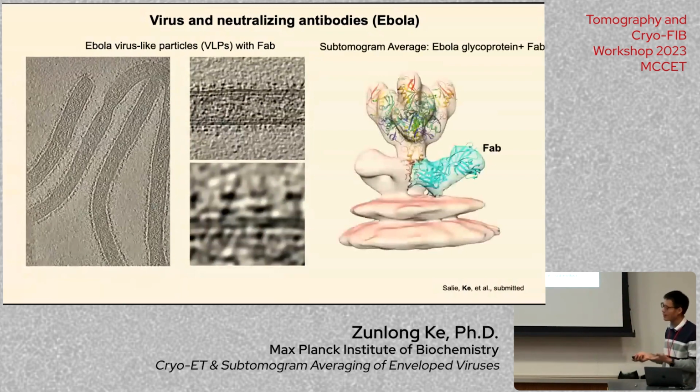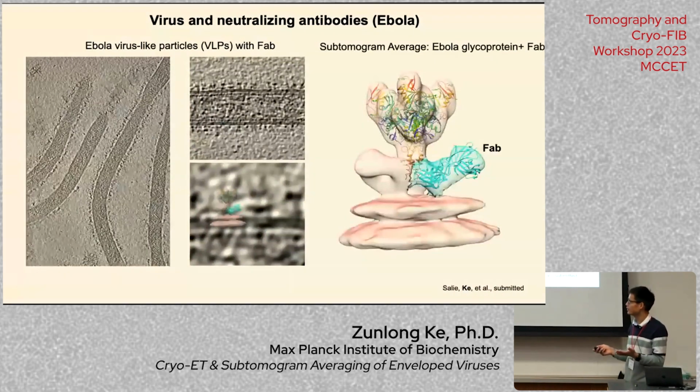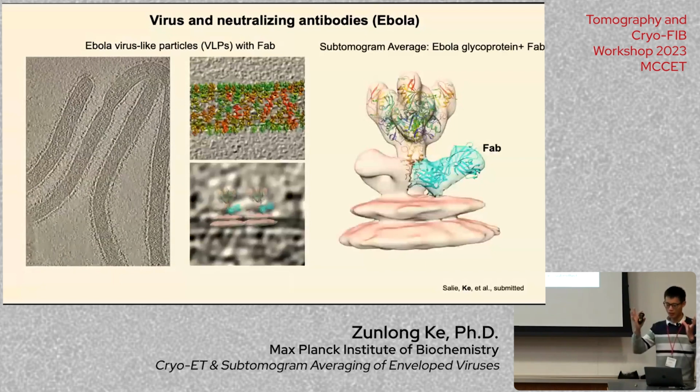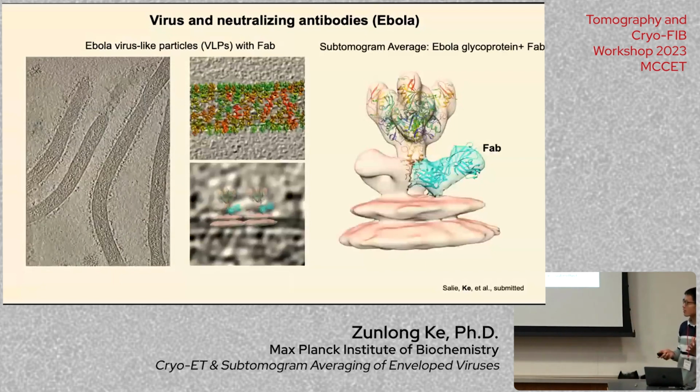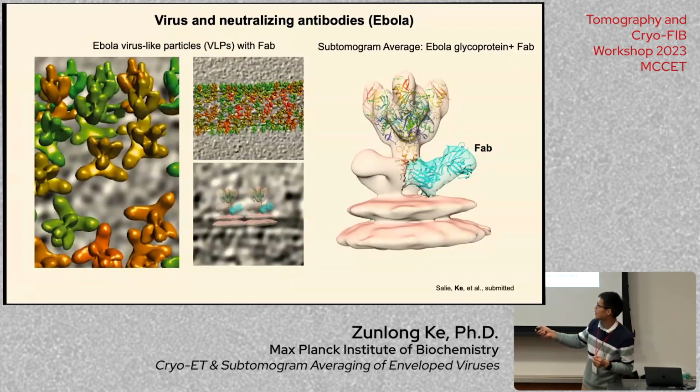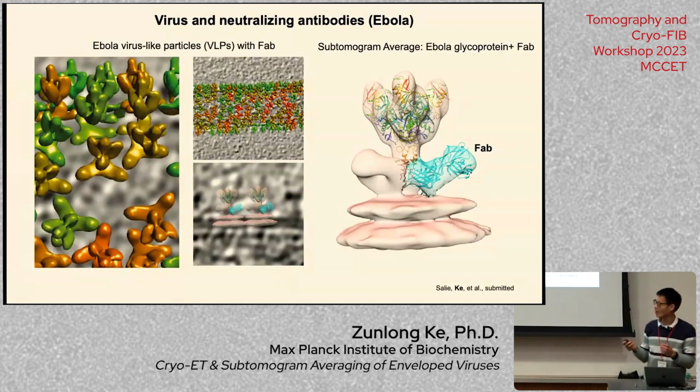And again, another example to show the power of Cryo-ET is that you can put them back to where they are from, and then you can understand, in this case, if the Fabs will be sterically hindering each other if you have three Fabs bound. Space-wise, do we have enough space to accommodate three Fabs on a single glycoprotein? It seems like it can, but I'm not sure about it.